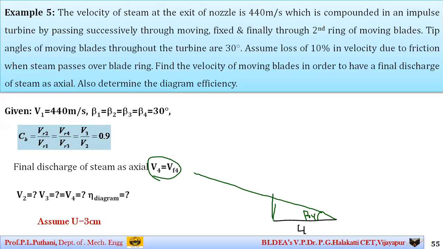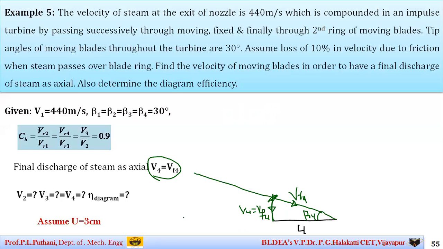Wherever it cuts this one becomes my V4 line. I have drawn a vertical line, and wherever it cuts, that point gives the length of V4, that is V4 is equal to VF4. And this particular length is VR4. Measure the values of VR4, V4, VF4.